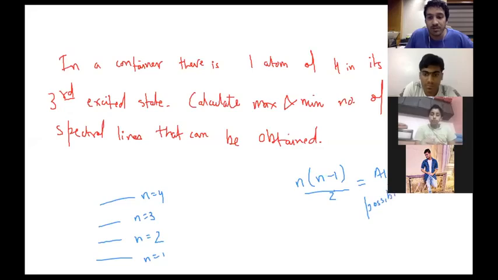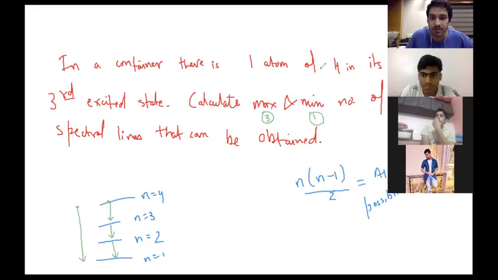But if the question says only one atom is there, then maximum lines occur if the electron makes a single jump at each step: one jump here, one here, one here. So the maximum is 3 lines. And the minimum happens if the electron jumps directly from 4 to 1. So the minimum is 1 line. Is this okay? Does everyone get this?